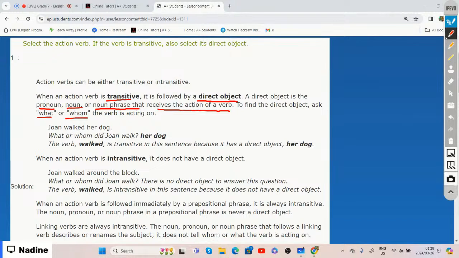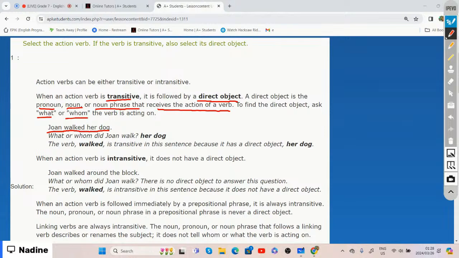For example, "Joan walked her dog." So this is our example. Remember, when it comes to finding the direct object, we need to ask ourselves either what or whom the verb is acting on.